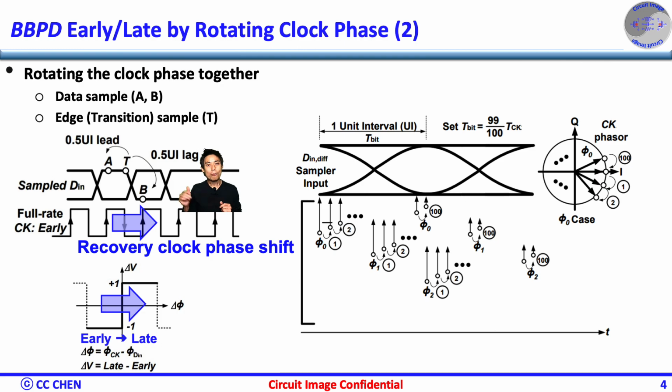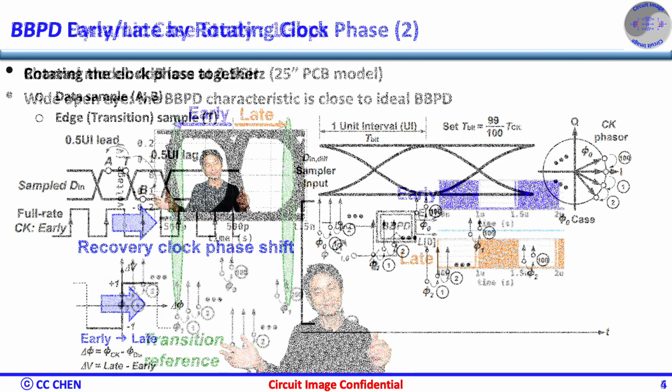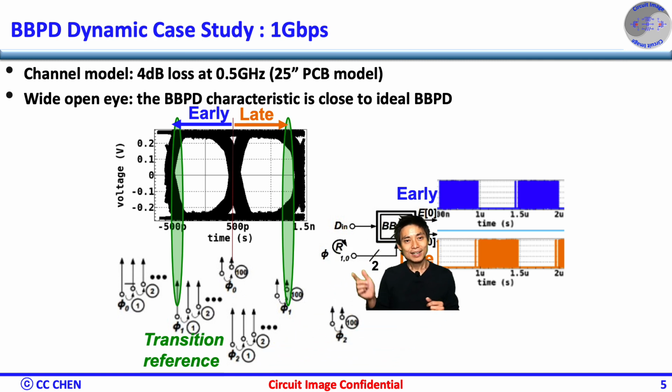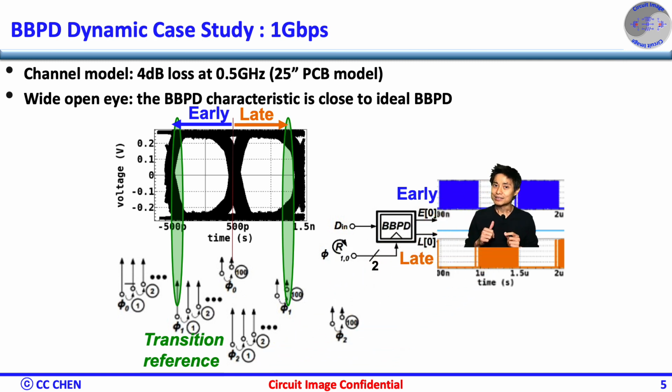What is the output of the early-late you should expect? Here is a simple case study of the early-late images from the clock phase rotation we mentioned in the previous slide. As you can see, the early-late signals only output large 1 and 0 if the clock phase is starting before the transition of the input data.